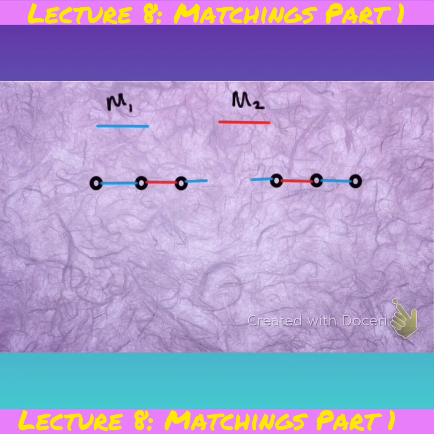So these two end edges are M1-matched, and in that case they are M2-unmatched. If you look at any of the remaining edges, none of them is going to be a red edge, and on this side as well.